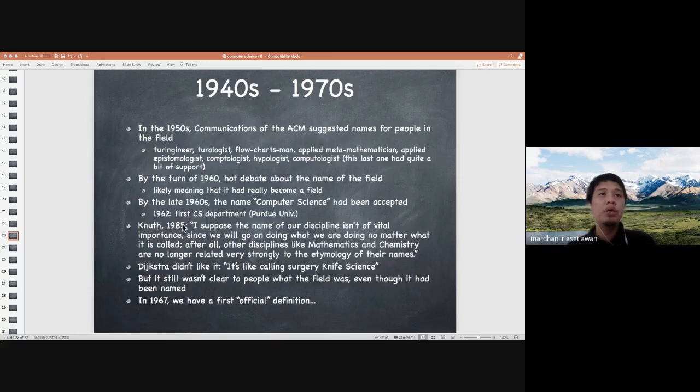And in 1965, it was said that the name of our discipline is not of vital importance, since we will go on doing what we are doing no matter what it is called. After all, other disciplines like mathematics and chemistry are no longer related very strongly to the etymology of their names.